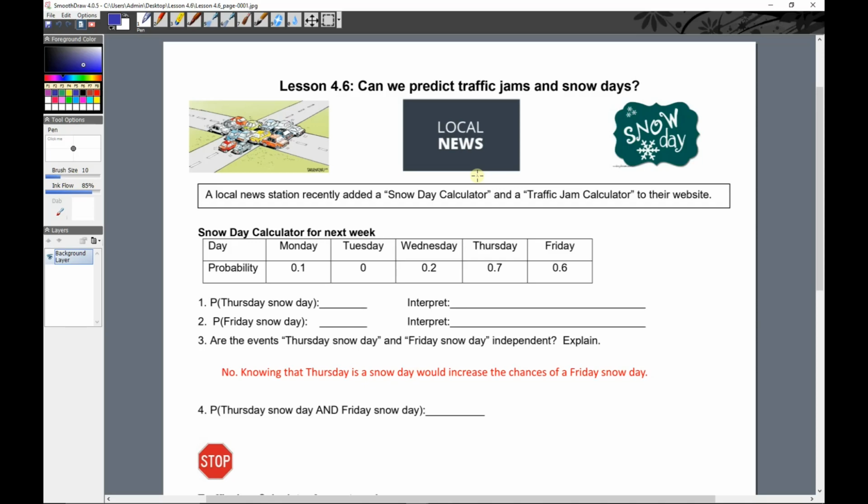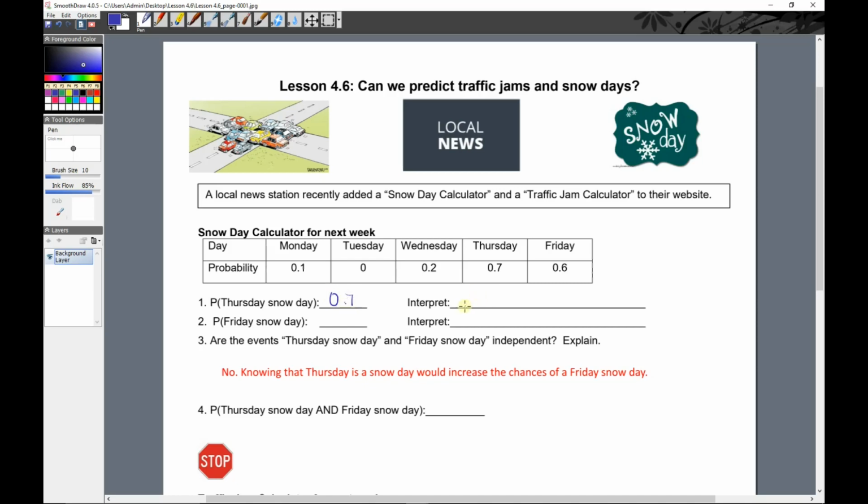What you're seeing in here is not a probability distribution. These numbers don't add up to 1. Every day just is assigned a probability for having a snow day. So the first one, probability of a snow day on Thursday is 0.7.